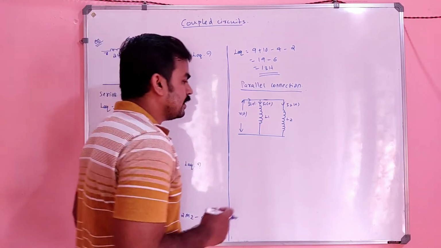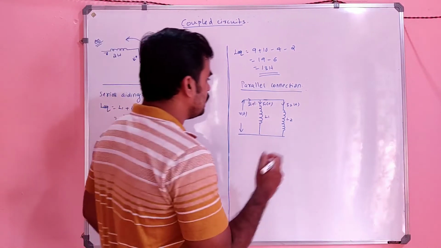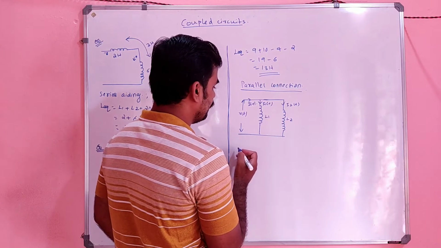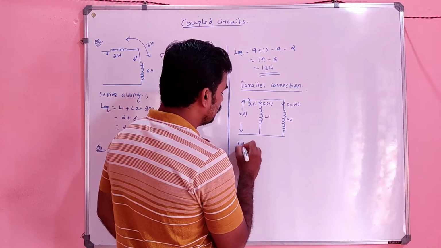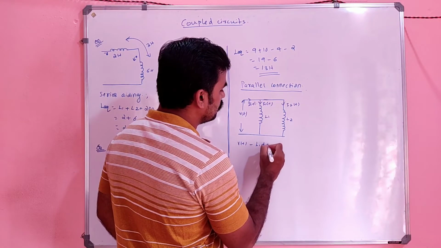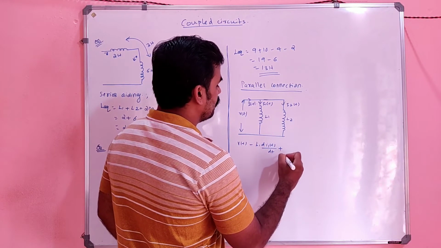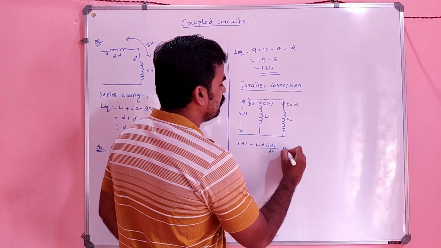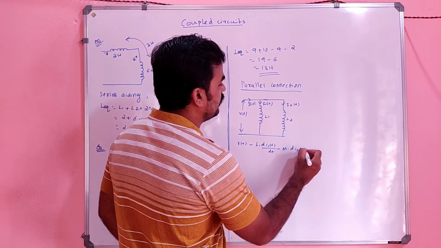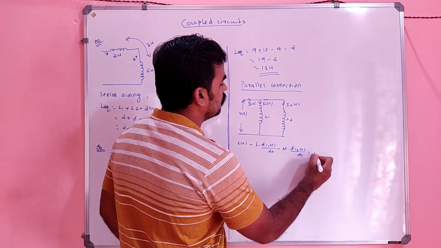So in this parallel connection, we can write V of t minus L1 into di1 of t divided by dt minus M into di2 of t divided by dt equal to 0.